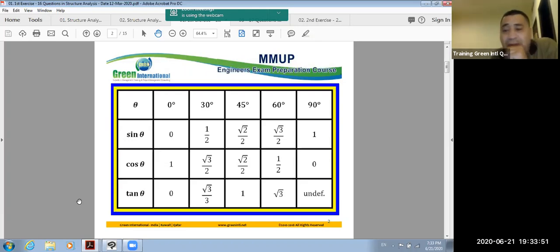Because maybe in your exam you will be asked, what is the sine 60? You cannot use the calculator and panic and get confused. Try to memorize it. And once you memorize it, finish. You will not need it. You are more effective. You go attend your exam more effectively.